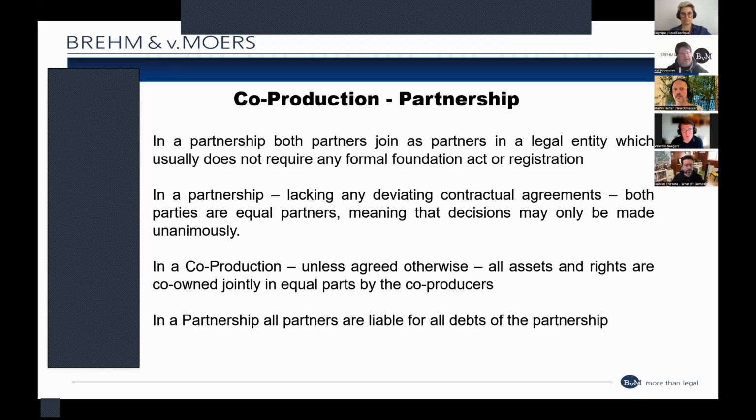And in such a partnership, usually in most jurisdictions, both parties are equal partners and decisions are made unanimously. So in many jurisdictions, there is no rule of majority, but all partners, which can be two, three, four, five, have to decide on all business decisions unanimously, unless you have a contract that states how decisions are made. So that might be a good idea, to have some mechanisms for how you want to make the decisions in the company.